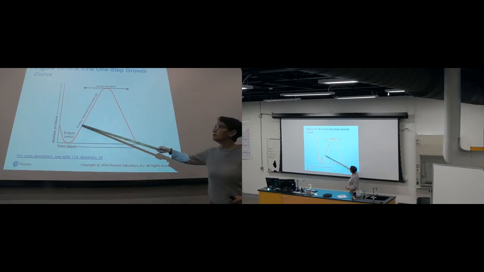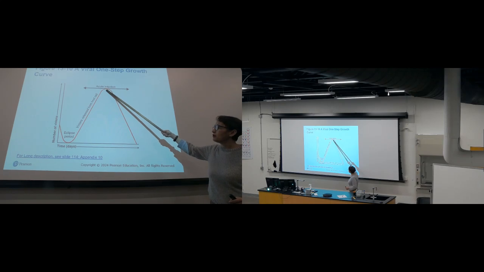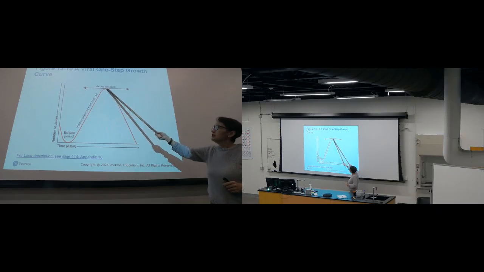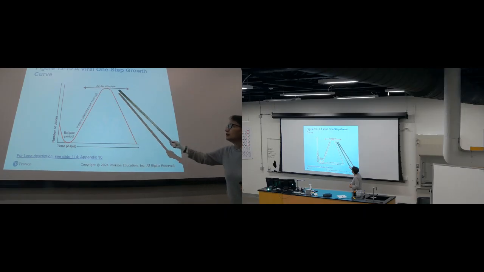And then you will have a sudden growth in the number of viral particles, because as the viral particles are being made inside the cells, they will burst and then they will be released into the surrounding media. And this is called the period of acute infection.